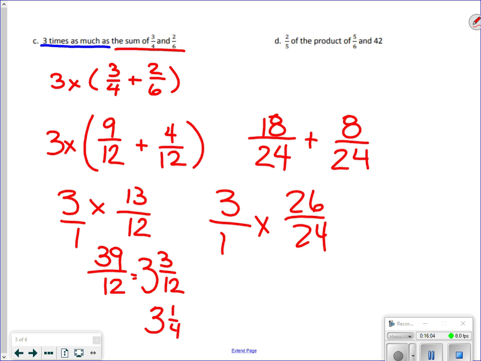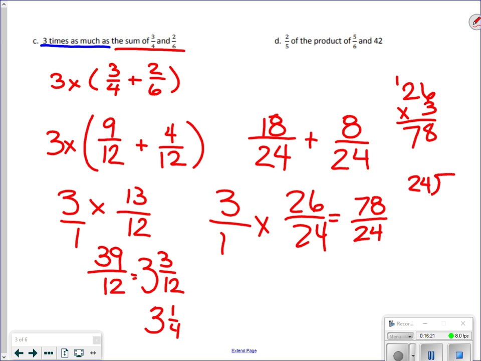You actually, and then that big old number, 26 times 3, 78. Yeah, see, I don't like these big old numbers, which is why I do a common denominator. 24.